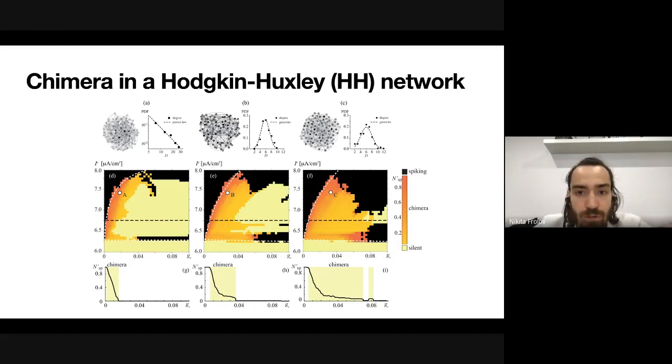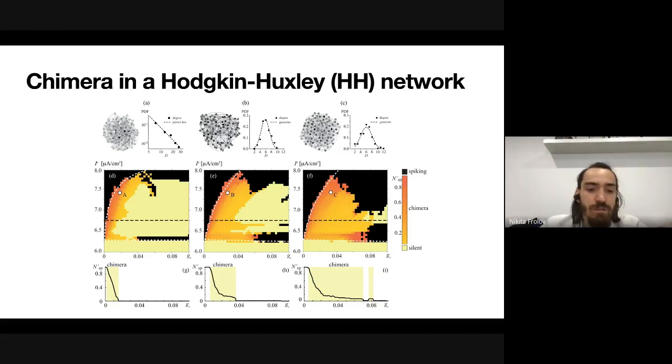We can see that small-world and random topology demonstrate quite the same type of behavior, while the smallest area of emergence of the chimera state is observed in the case of the scale-free network.